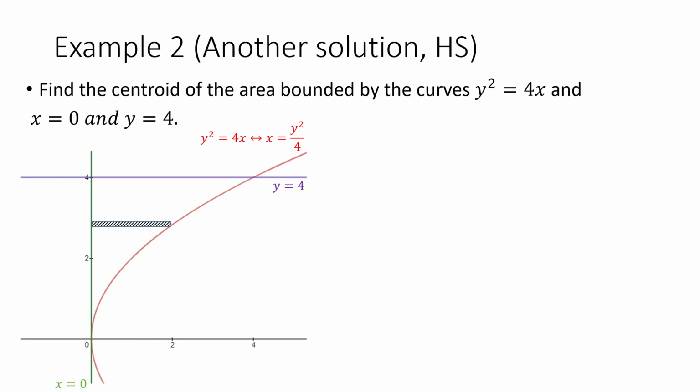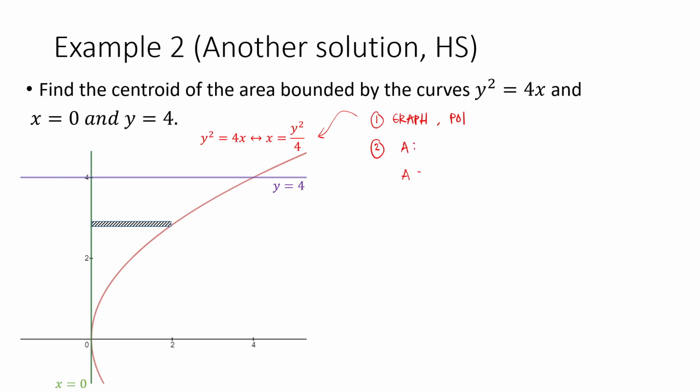Okay, so let's go to the horizontal strip since we can solve this one using the horizontal strip as well. So again, first you graph your equations, then provide solutions for both, also graph and the points of intersection. So next one is the area.